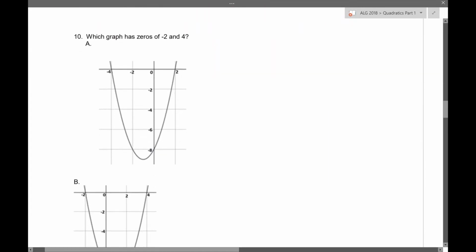Which graph has zeros of negative 2 and 4? So zeros on a graph are the x-intercepts. Remember when I draw my parabola, it's just whatever hits that x-axis. So my zeros have to be hitting at negative 2 and 4.